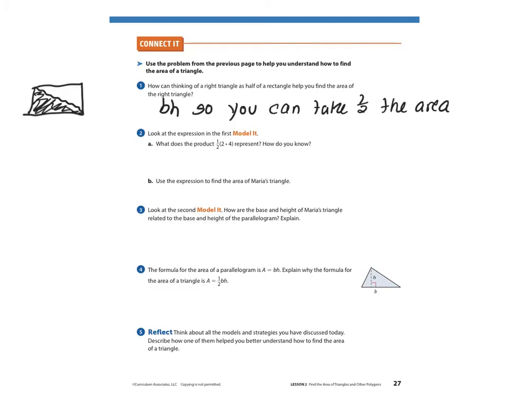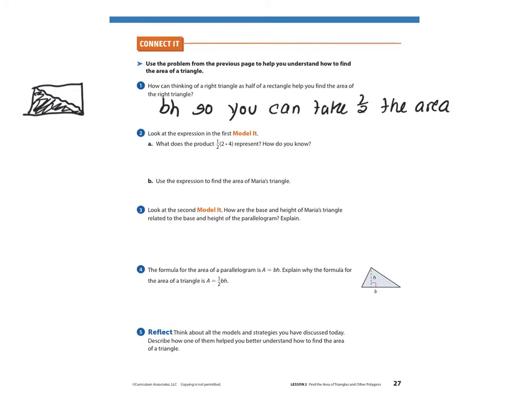Look at the expression in the first model it. So if you go back to page 26 where it says model it, you can see the expression there. What does 1/2 of 2 times 4 represent? So 1/2 of the quantity 2 times 4 represents, how do you know? Well, that's the area of half of that first parallelogram or first rectangle.